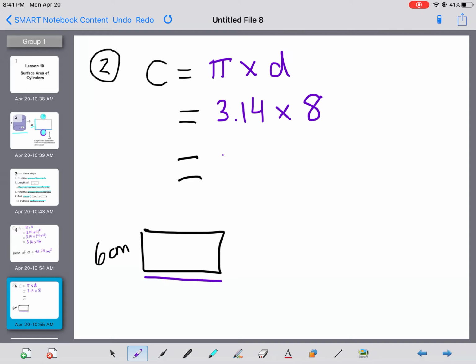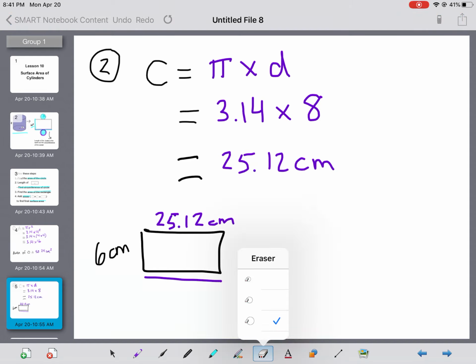Punch that into your calculator and you end up with 25.12. Oh, I just realized I wrote centimeters squared. Don't do that, we're not finding the area right now. So the length of the rectangle is 25.12 centimeters, not centimeters squared.